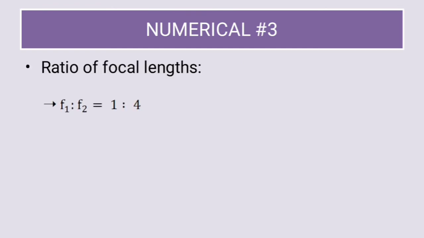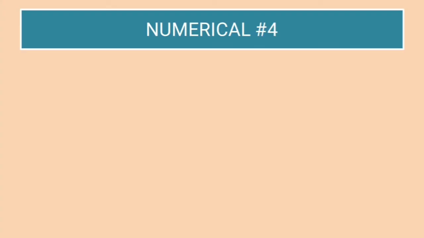So 1 upon 4x divided by 1 upon x will be 1:4. So it will be reciprocal of P1 is to P2. The ratio of the powers was 4:1, so obviously the ratio of focal lengths will be 1:4, the reciprocal of the power of the lenses.